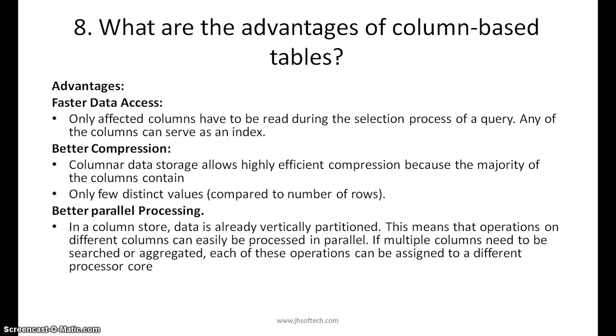This means that operations on different columns can easily be processed in parallel. If multiple columns need to be searched or aggregated, each of these operations can be assigned to a different processor core. So in short, whenever we are accessing the data, we go for column-based.